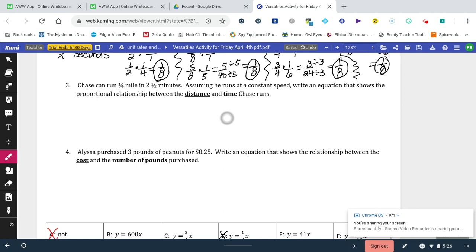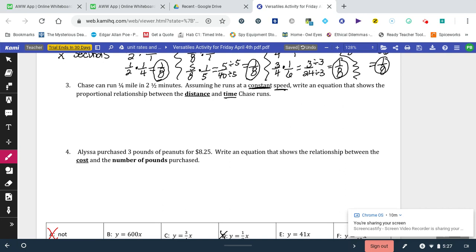All right, on number 3, it says Chase can run 1/4 of a mile in 2.5 minutes, assuming he runs at a constant speed. So when it says assuming he runs at a constant speed, which means the speed doesn't change. So the word constant automatically lets you know that it is proportional. So we're going to go ahead and write an equation that shows the proportional relationship between distance and time. Okay.